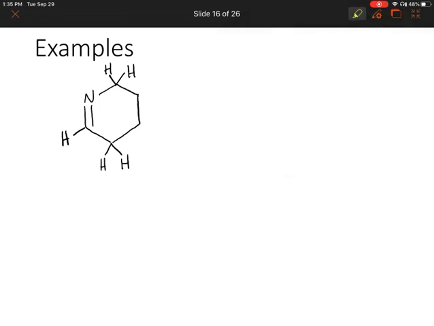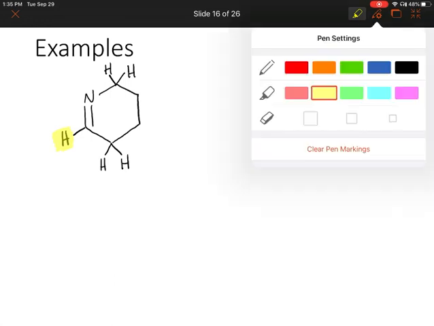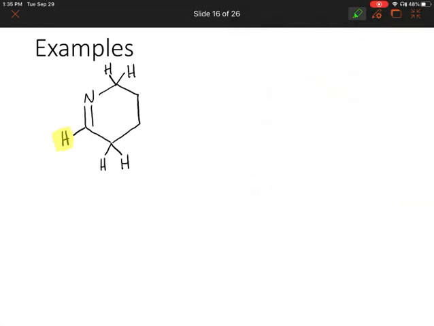So let's highlight the one on the double bond in yellow. And then let's highlight the hydrogens down below in green. And then the hydrogens up above in blue. Okay. Oh, one thing I'm missing is a lone pair on nitrogen. We can't forget that.